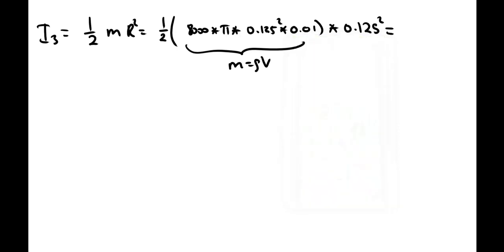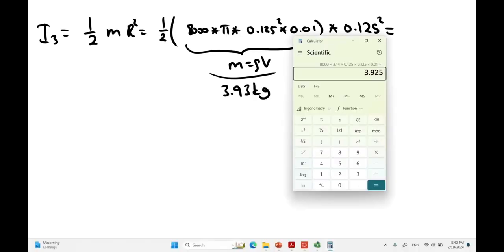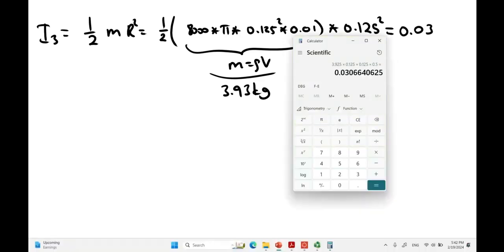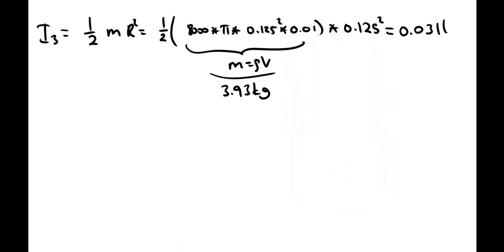Actually this part makes 3.93 kg, times 0.125 squared, giving 0.031 kilograms meter squared. That's the I3 value.